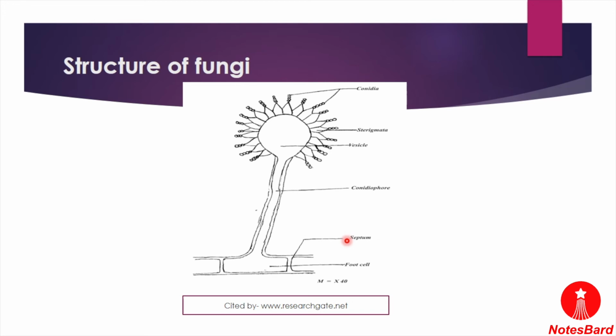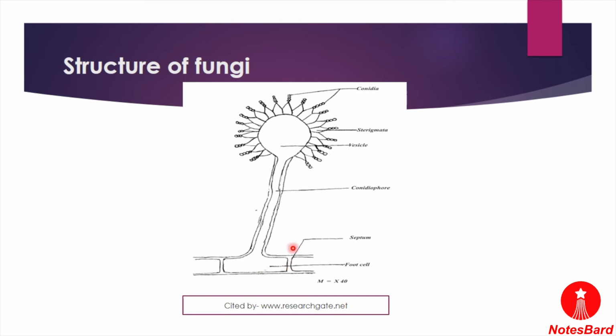Those fungi where the hyphae are divided into cells are called septate hyphae, and where they do not have septa, they are considered coenocytic hyphae. Here is the structure of a septate hypha, or a multicellular filamentous fungus.